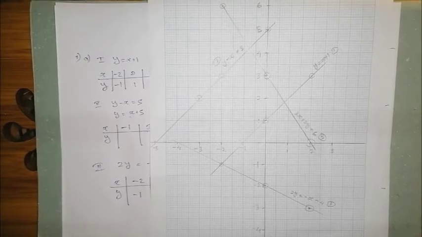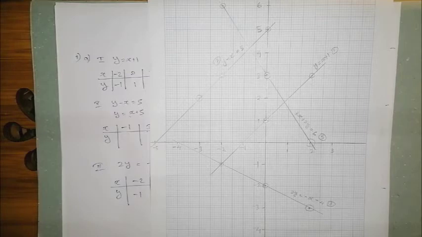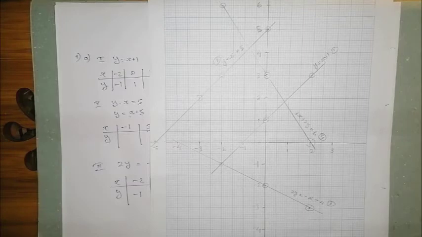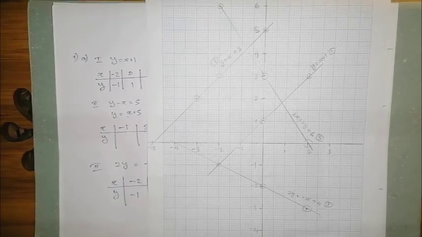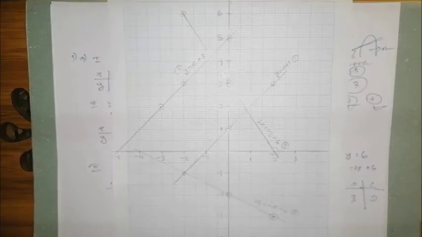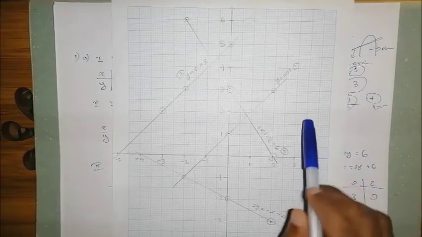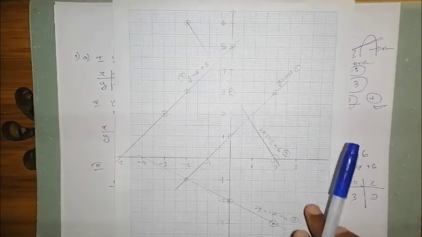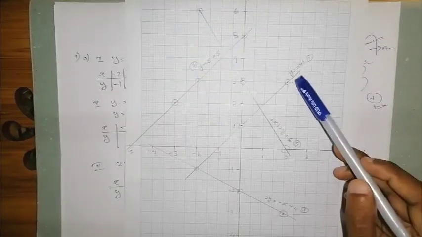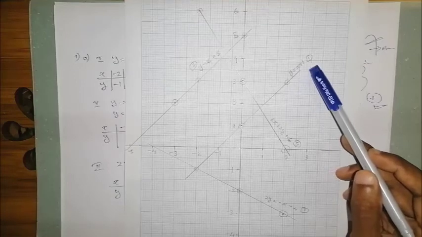So we are going to answer the second part of the question. The second part of the question asked to write down the intersection of the main axis. The intersection of the main axis, we can take from the graph. So we'll take the first graph, y equals x plus 1.